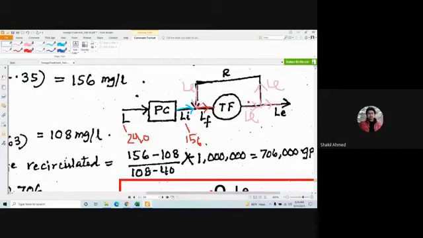Okay. So this is Le, this is Le, this is Le. There's nothing mixing up. Okay, the same water. So all are Le. This is also Le. So this Le goes here, gets mixed up with Li, and becomes LF.